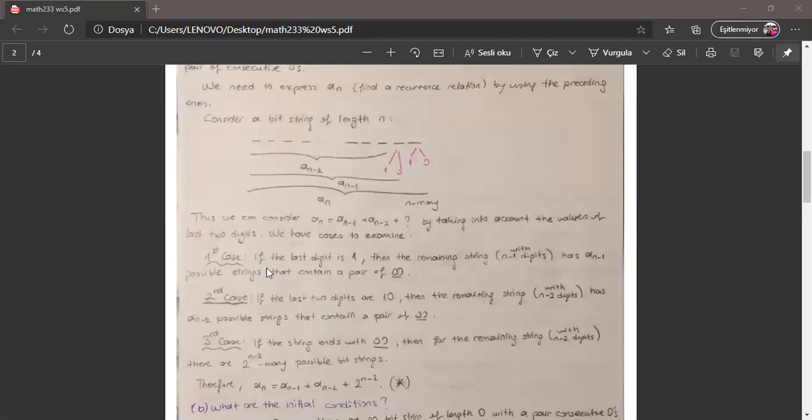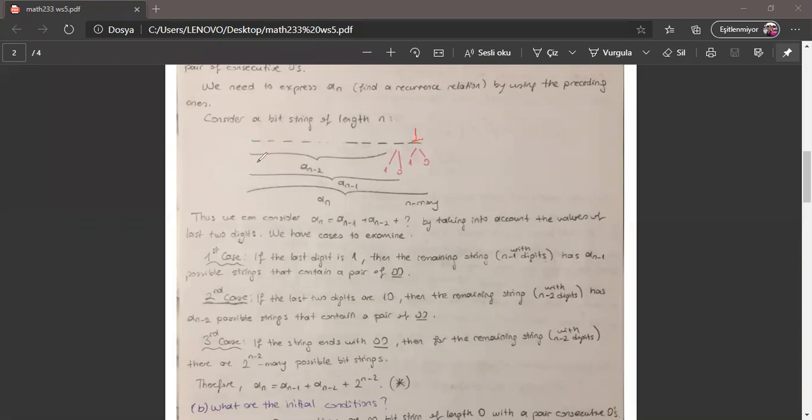So the first case is if the last digit is 1. Then the remaining string has n minus 1 digits, because this is a string of length n.